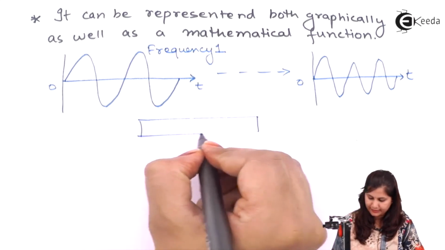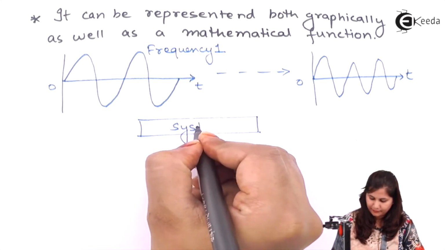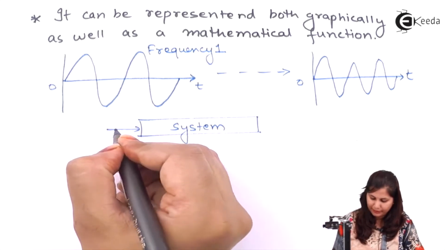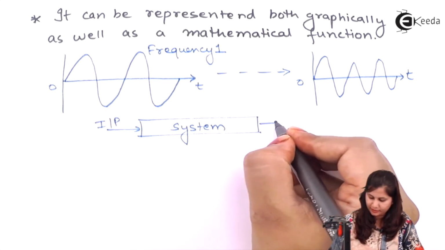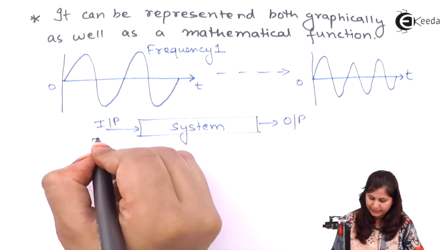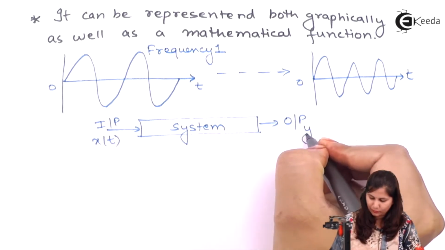So this is the system, and on the system we are applying the input and getting an output. Input is x(t) and this is y(t).